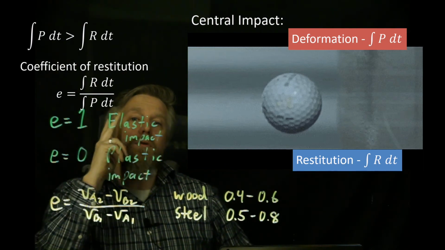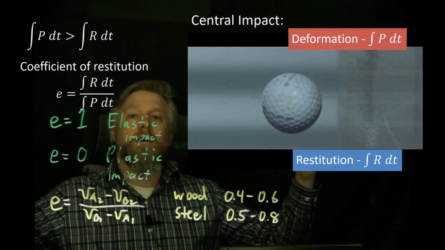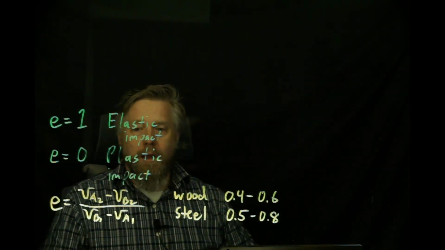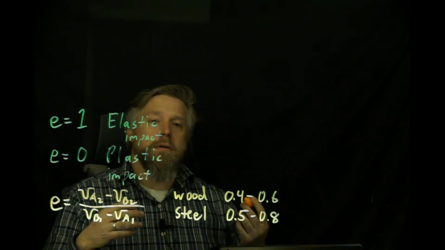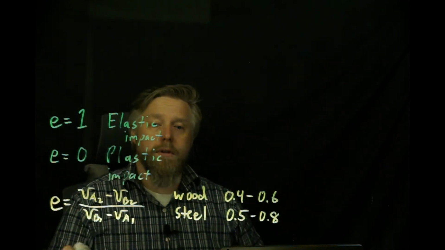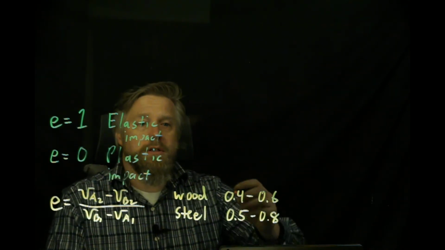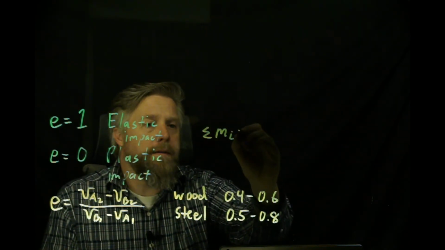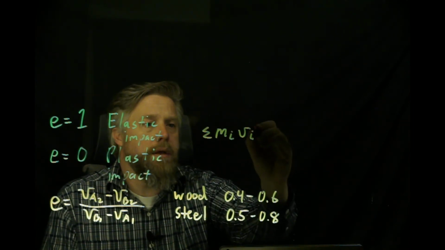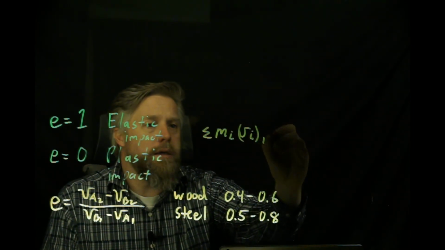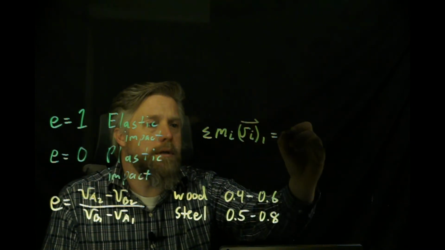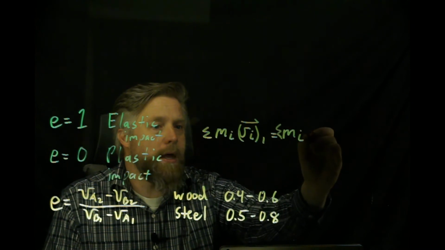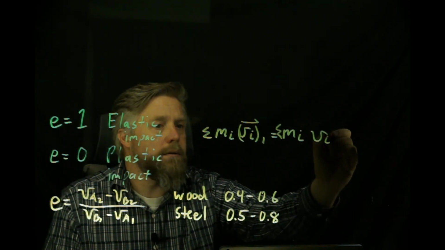When you have two particles, such as two balls hitting each other, you need another equation. And you're going to use the conservation of linear momentum. That equation just says the sum of all the masses times all the velocities initial is going to be equal to the sum of all the masses times the velocities final.